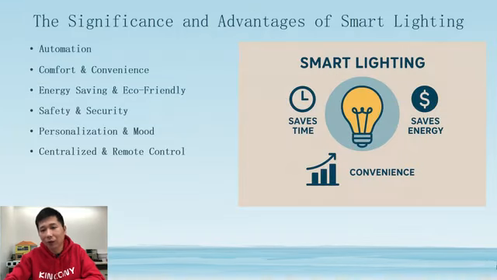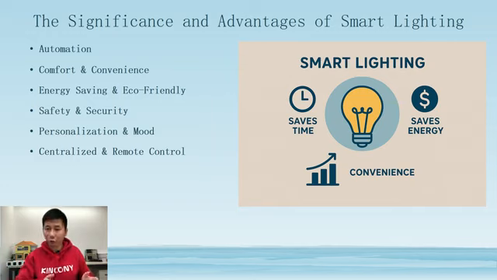So let's look at why we need to let the light become smart and the advantage of smart lighting. You can see there are some examples, mainly 3 key points: save time, save energy, and convenience. Let's see how to save time.